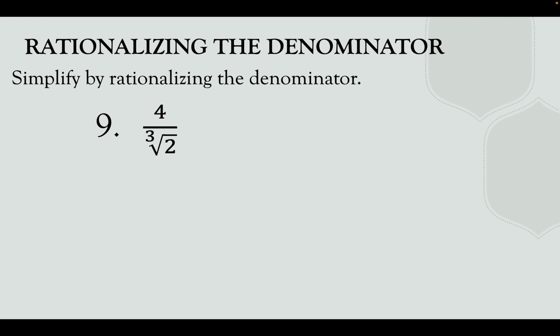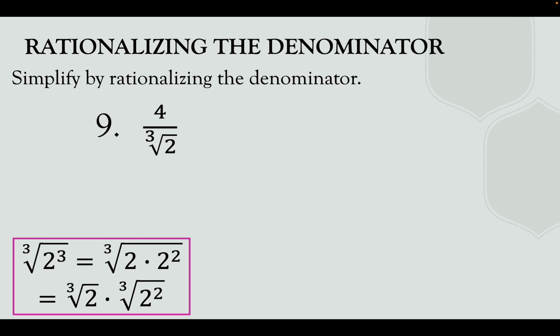We must have the same index and the same exponent in our denominator so that we can eliminate the radical sign there. If you have indices of 3 or more, class, like 3, 4, 5 and so on, your goal is to eliminate the symbol there, and we must have the same value of index and exponent to eliminate that one.